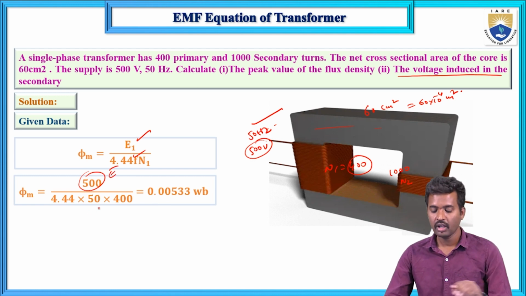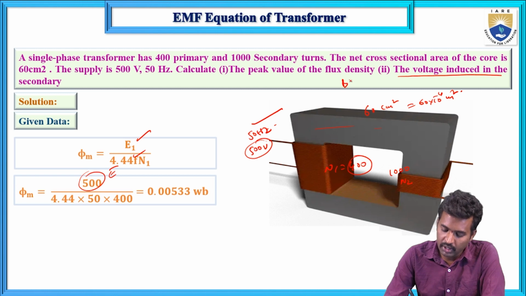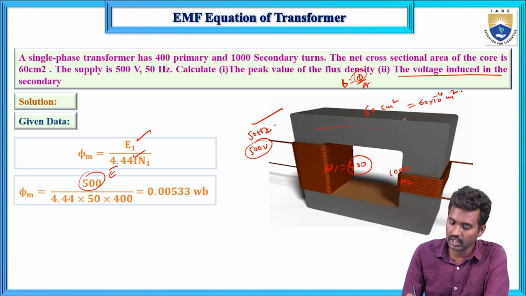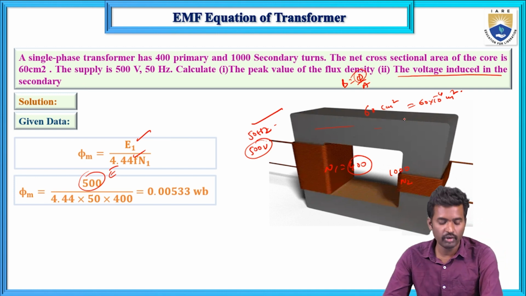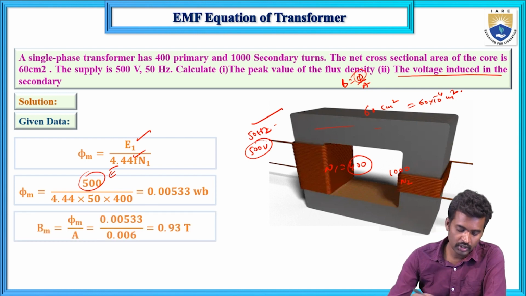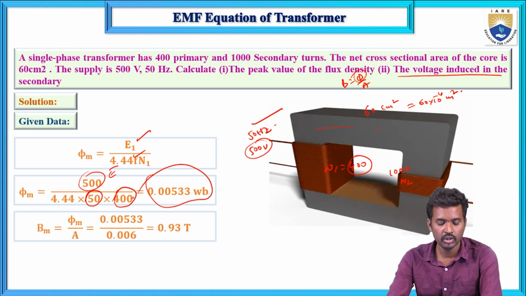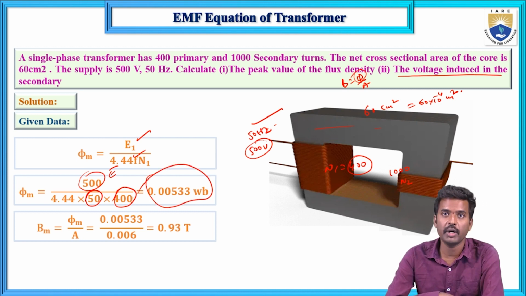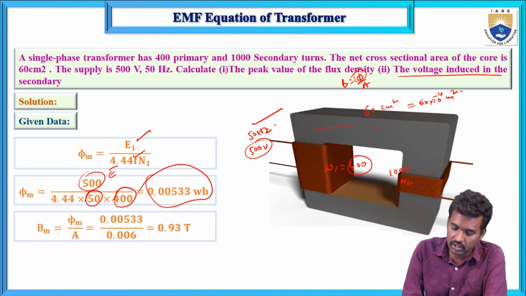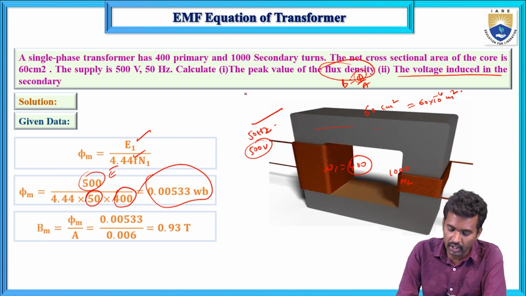First calculate the flux, then flux density, B equals phi by A. If you first calculate the flux value, then knowing the cross-sectional area, you can calculate the flux density. So the flux value equals 5.33 milliwebers.